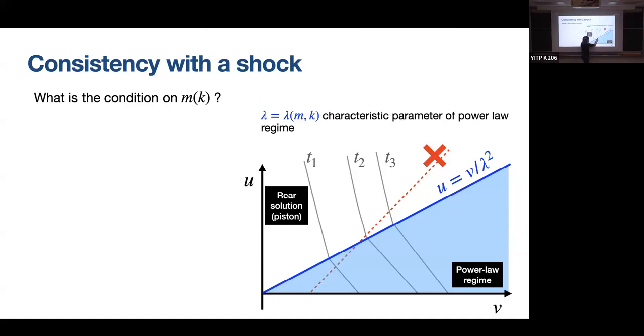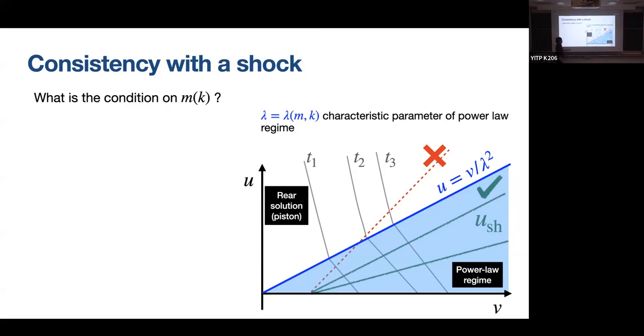But then as we move forward with time, we can see that the shock eats up the power law asymptotic space, and it basically ruins the solution. So the shock does not coexist with the piston and with the power law asymptotic. So if the shock does something like that, it's not good. It probably does not describe a piston that drives a blast wave that drives the shock.